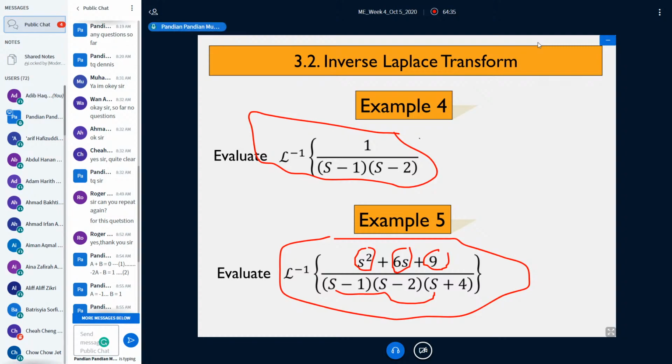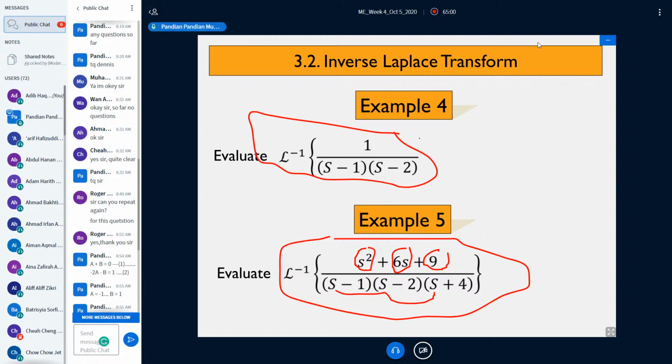So this is your B. After that, you can use it to find your C, because A plus B plus C equals 1. So if you calculate, your C will be 1 over 30.